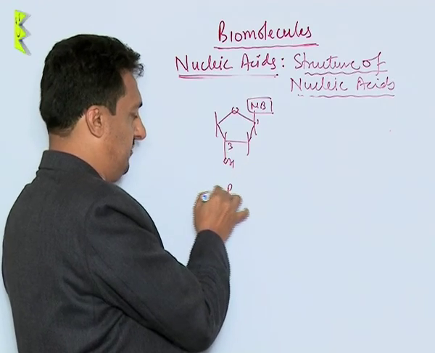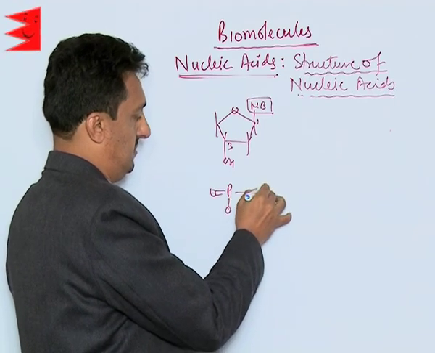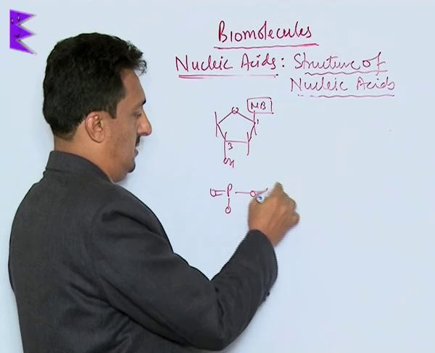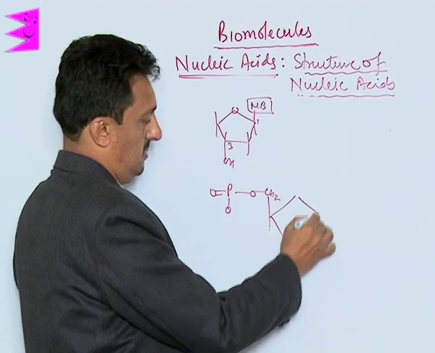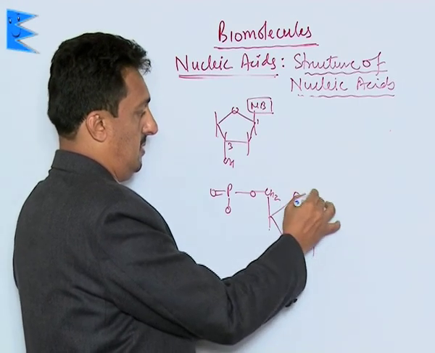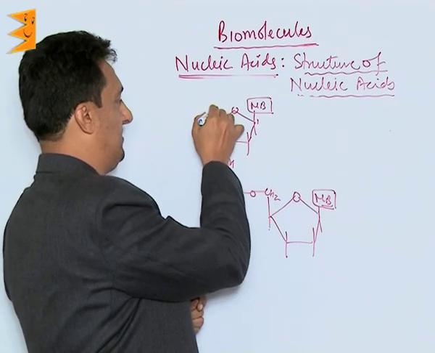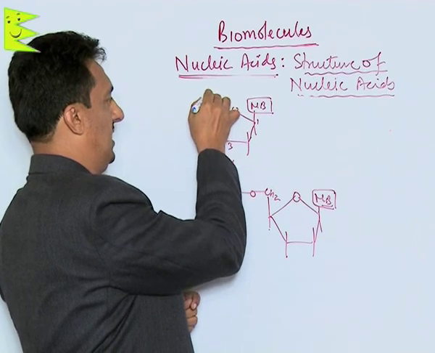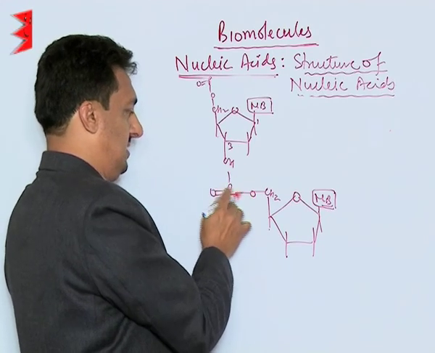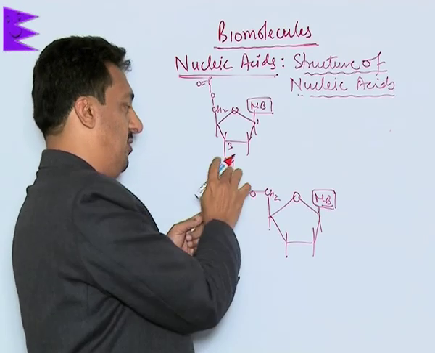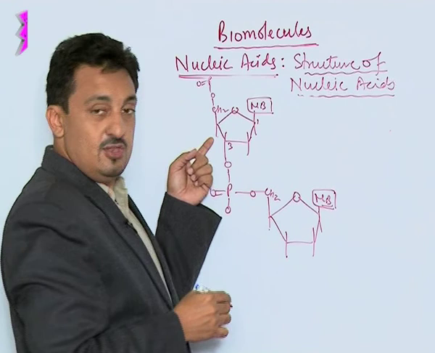Now what we find is, this is the second nucleotide we have. This is one nucleotide. This again is the one which is having phosphoric acid like this. Now what happens is, this phosphoric acid molecule gets bonded through this common oxygen with this carbon number 3 of the other nucleotide.